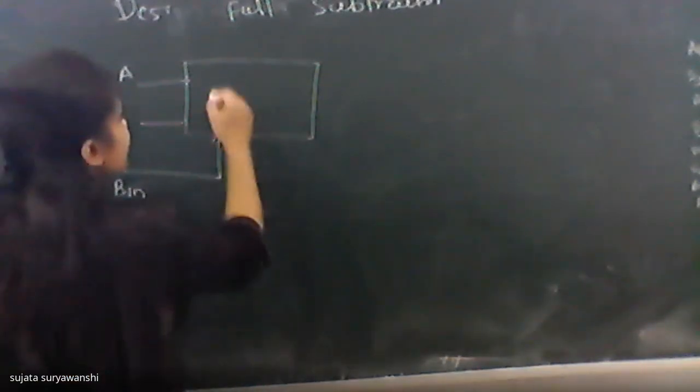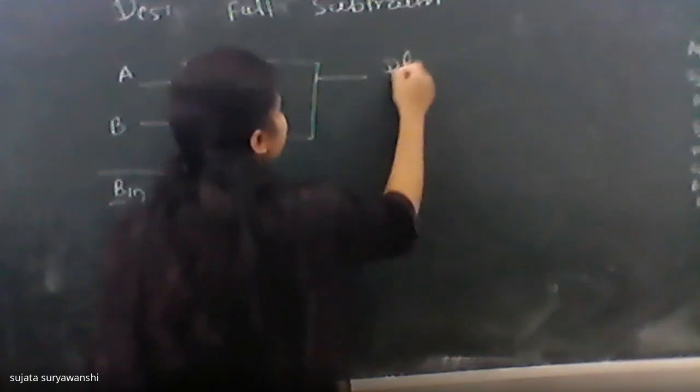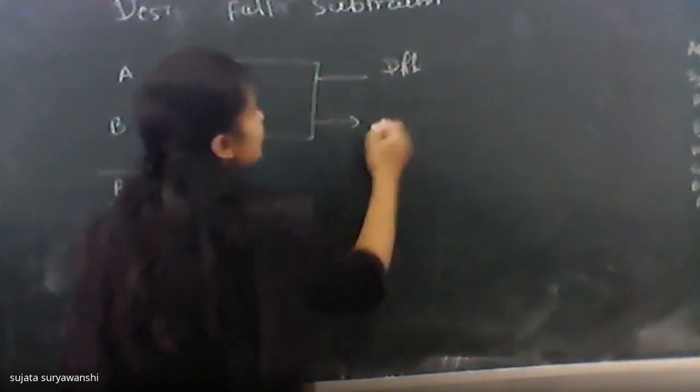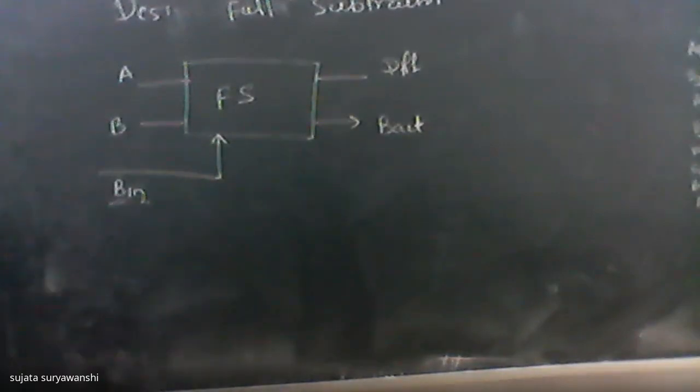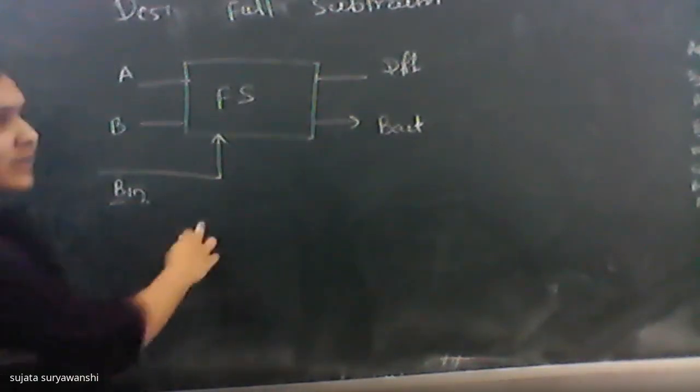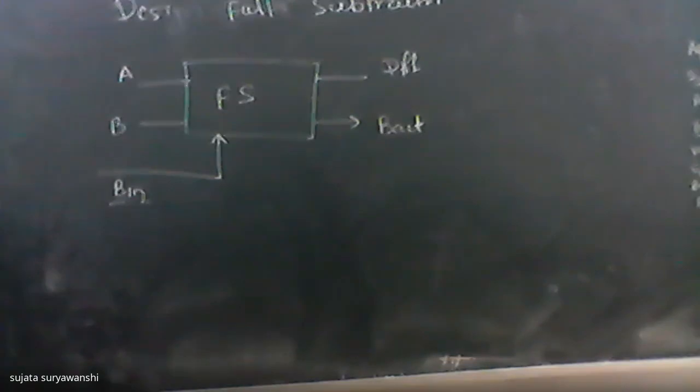Don't consider borrow out as an input. The output bits are difference and the second one, borrow out. Okay, this is the block diagram of the full subtractor.